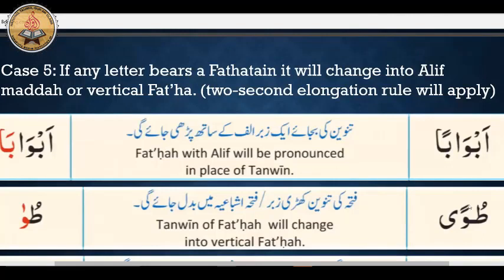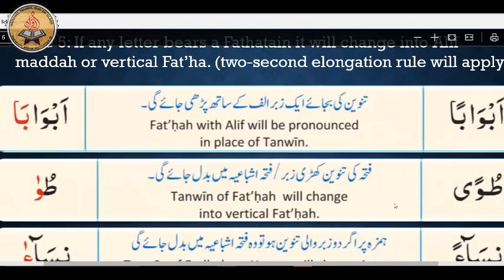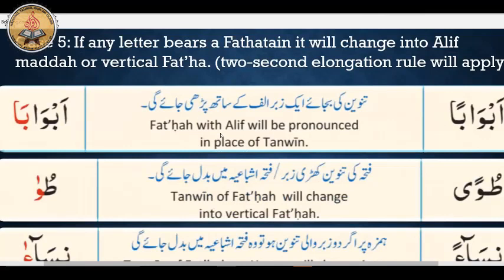So tuwa instead of tuwai or tuwan. As it says in the middle for the first one, fatha with alif will be pronounced in place of tanween. So we got rid of one of the fatha.